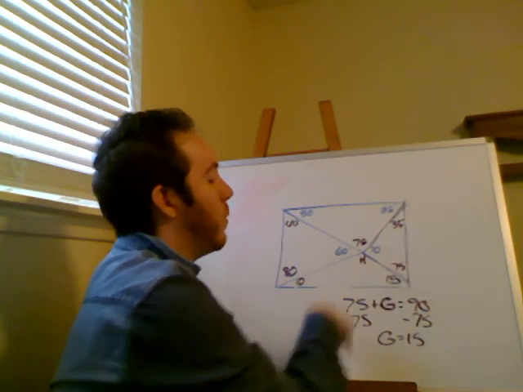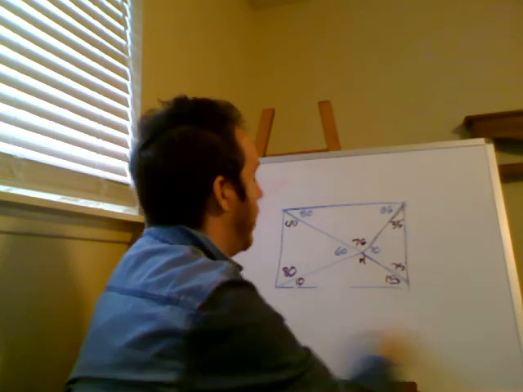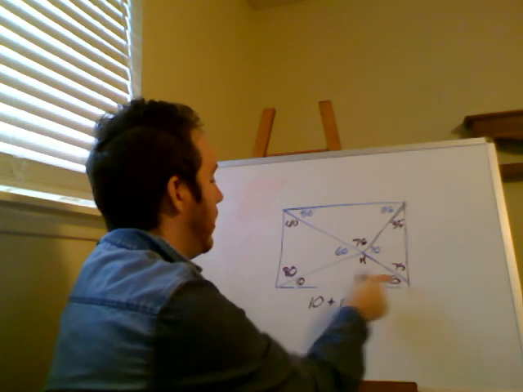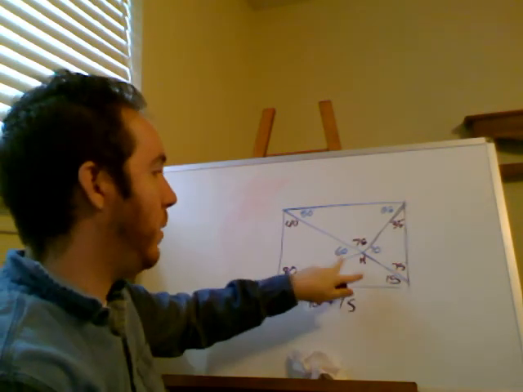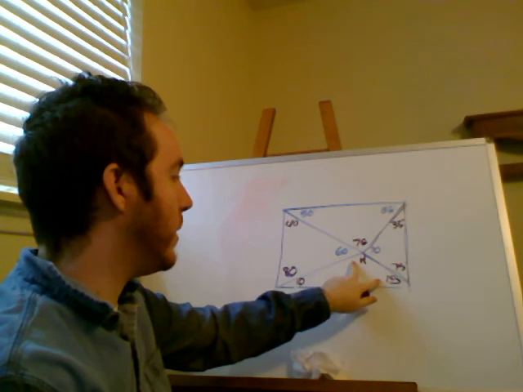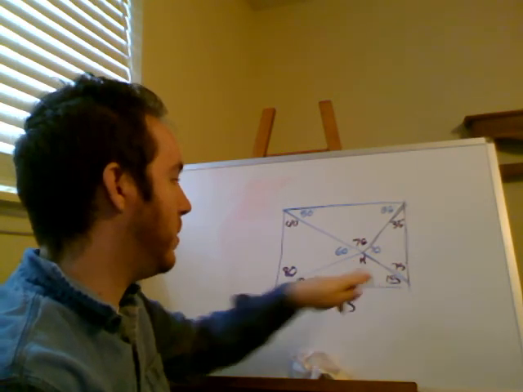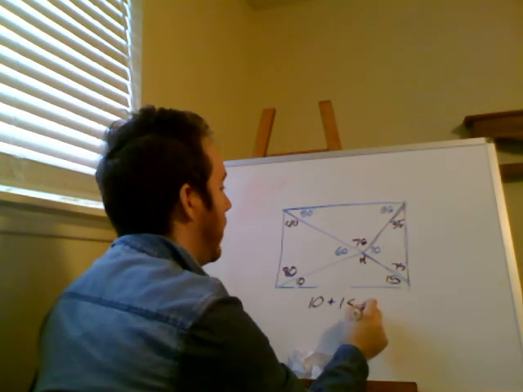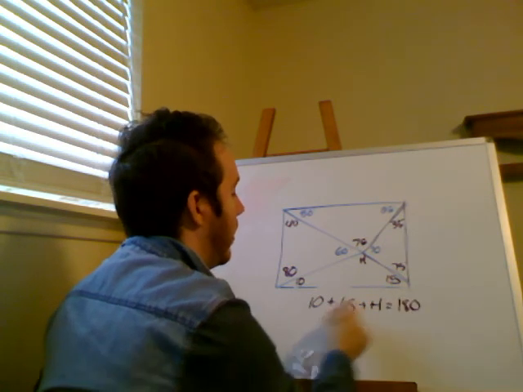To find this third one, we do our triangle business again. We see 10, which we found earlier, plus 15. Remember earlier I said we couldn't solve this because we had two values that added up to 170, but we didn't know either of them, so we couldn't answer. 10 plus 15 plus h will equal 180.